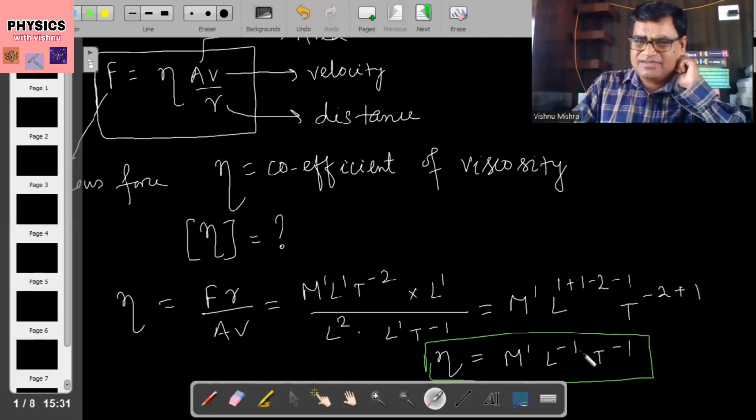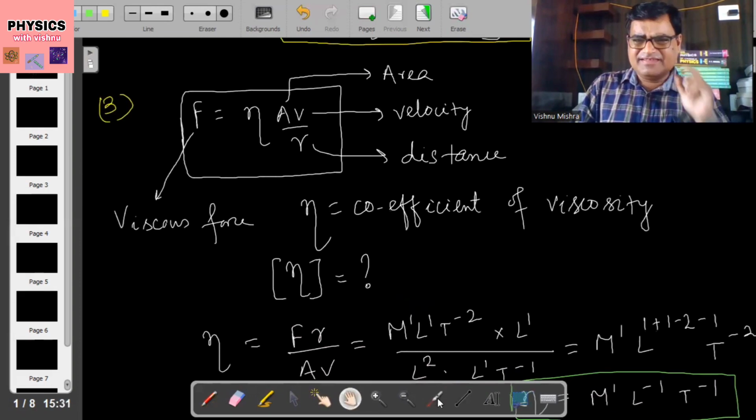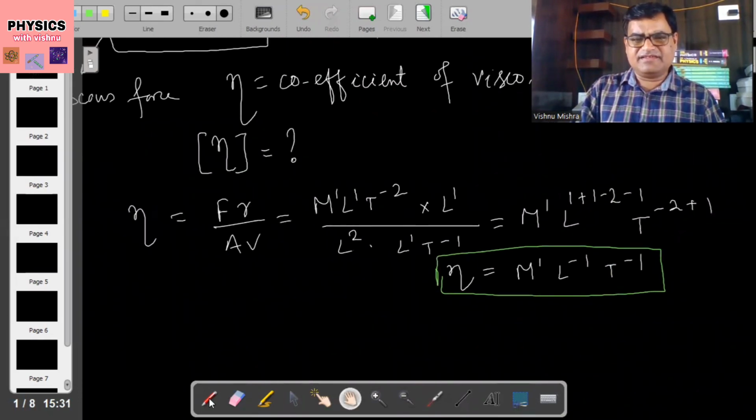Don't think of it in a complicated way. These formulae you will read individually in the liquid chapter. The formula will be given to you, and you have to write the unknown dimension. Eta is the coefficient of viscosity.